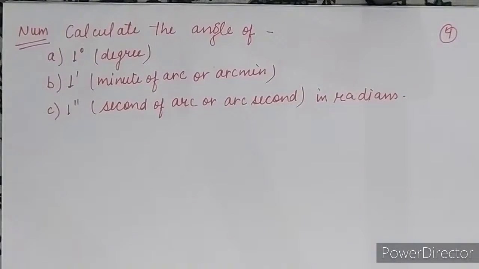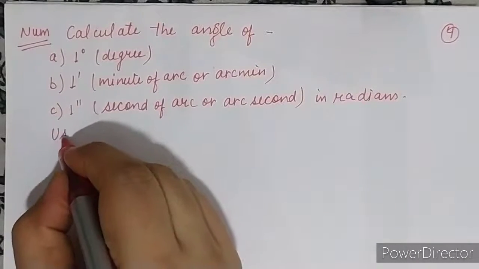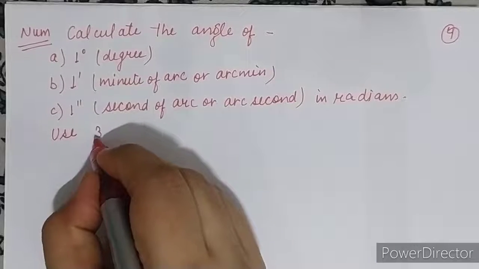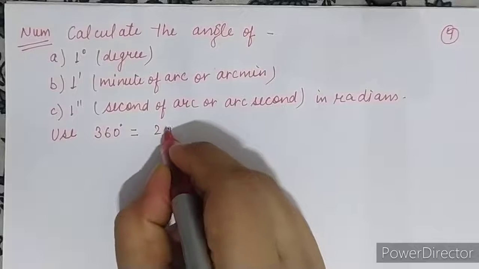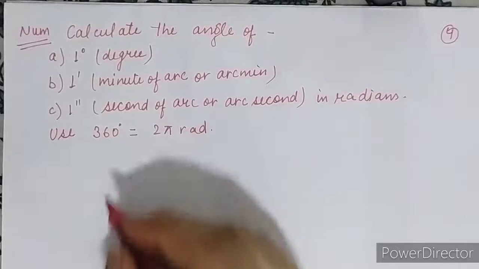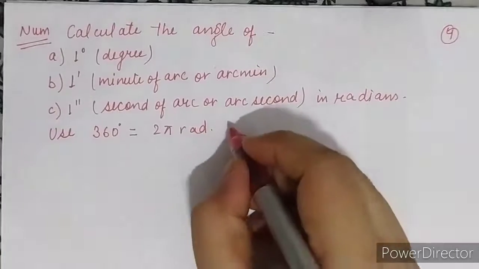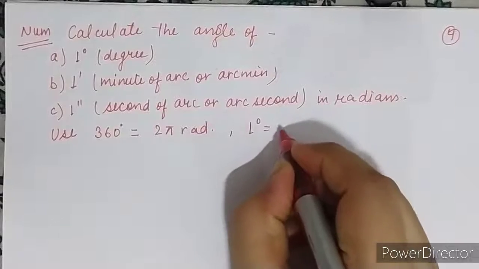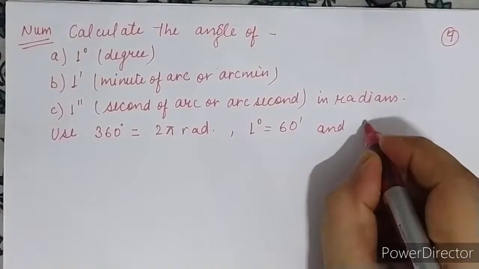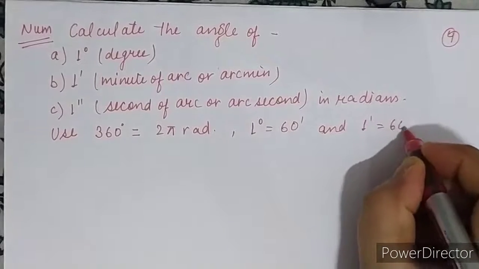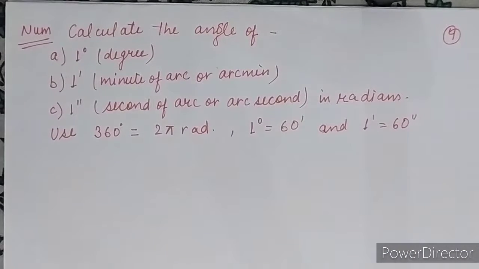There is a hint also given in the question that you may use, that you know very well. 360 degree means 2 pi radian. This is the plane angle. Okay, 1 degree means 60 minutes, and 1 minute is equal to, you know it very well, 60 seconds. Clear?